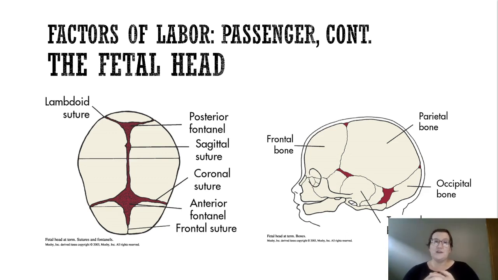However, these soft membranes, like I said, can allow the overlapping of some of these bones, which really allows some flexibility, some pliability during the birthing process, but then also for that exponential brain growth that's really going to happen within the next year or two, okay?